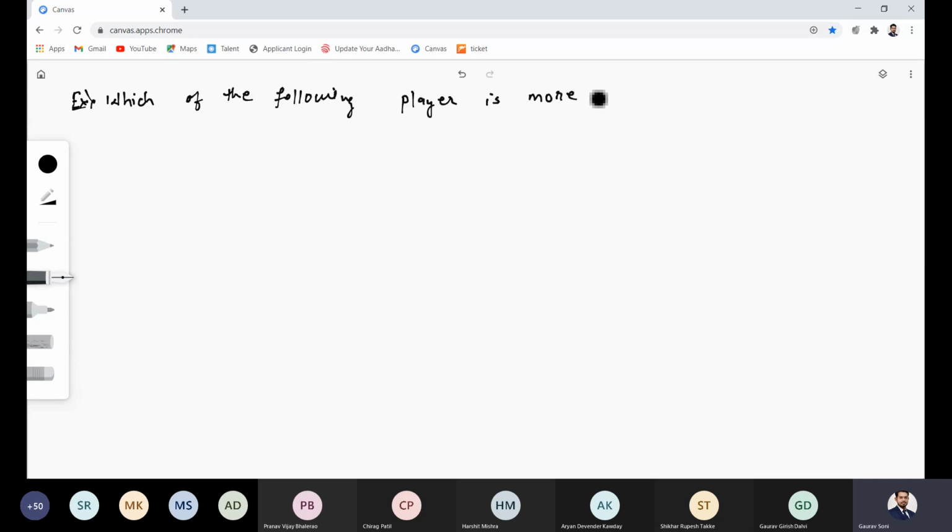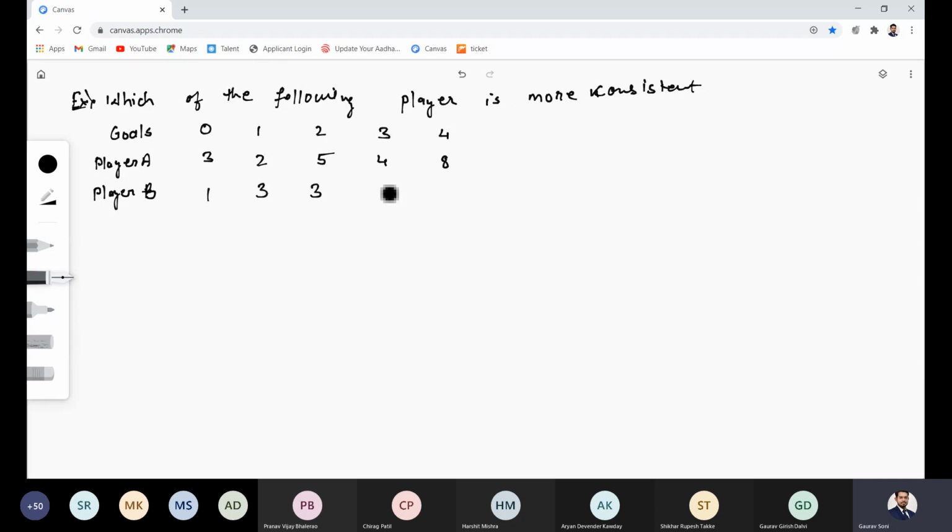Number of goals: 0, 1, 2, 3, 4. Player A: 3, 2, 5, 4, 8. Player B: 1, 3, 3, 4, 2.